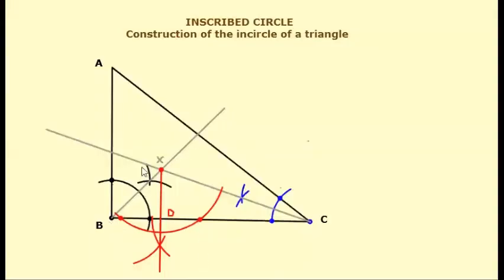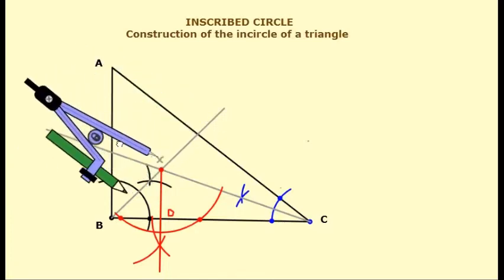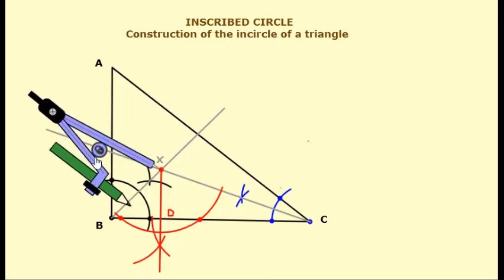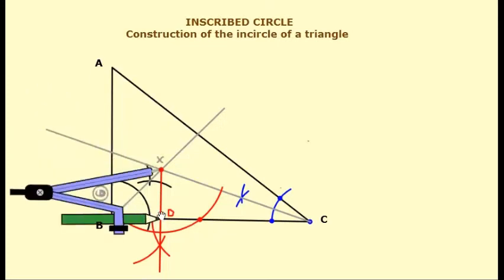Okay, now we came to the last step. We take this OX as the radius of the circle, and we draw the circle.